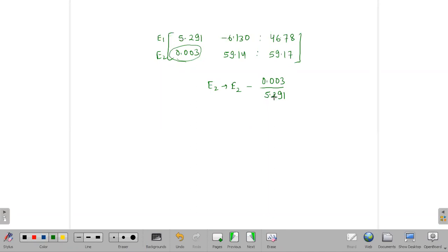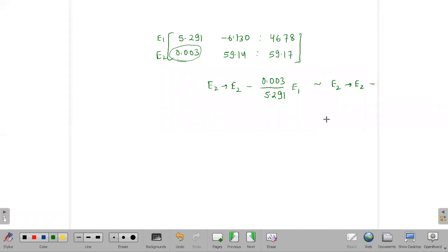It is assumed that if you divide by the smaller number, then you will get more error in the approximation. E1. We are using 4-digit rounding also. Then this operation will become E2 minus, if you divide and then take 4 digits.